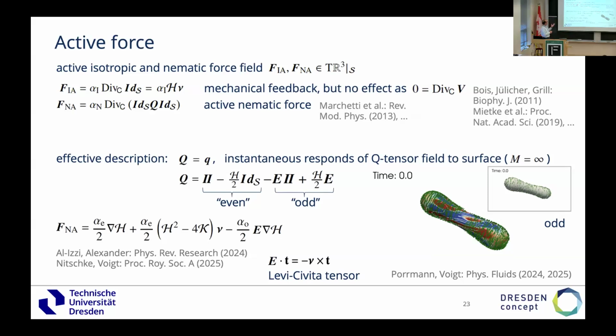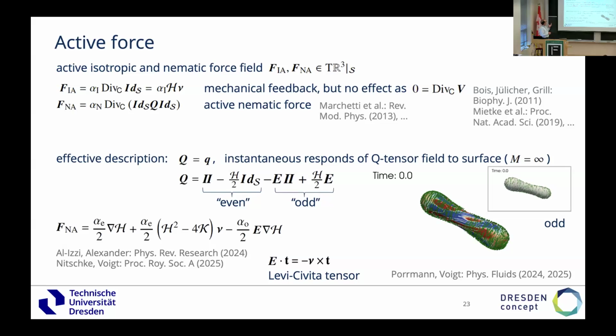It's something which acts in normal direction. And this is often used together with some mechanical feedback. Here are some examples. However, as we have this inextensibility constraint, the surface tension doesn't have any effect on our equation. So this doesn't work.